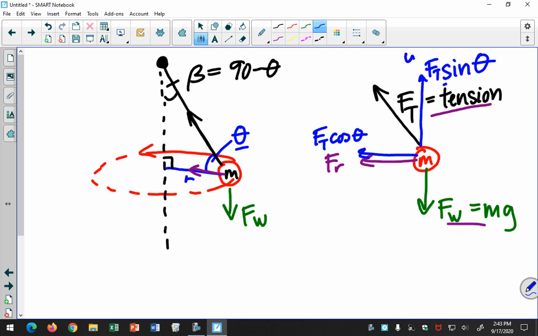So this is y and this is x. It's my x direction and my y direction. Now we can answer the question, what is my centripetal force? My centripetal force then is equal to the x component of the tension, F_T cosine theta. All right, guys, you following that?